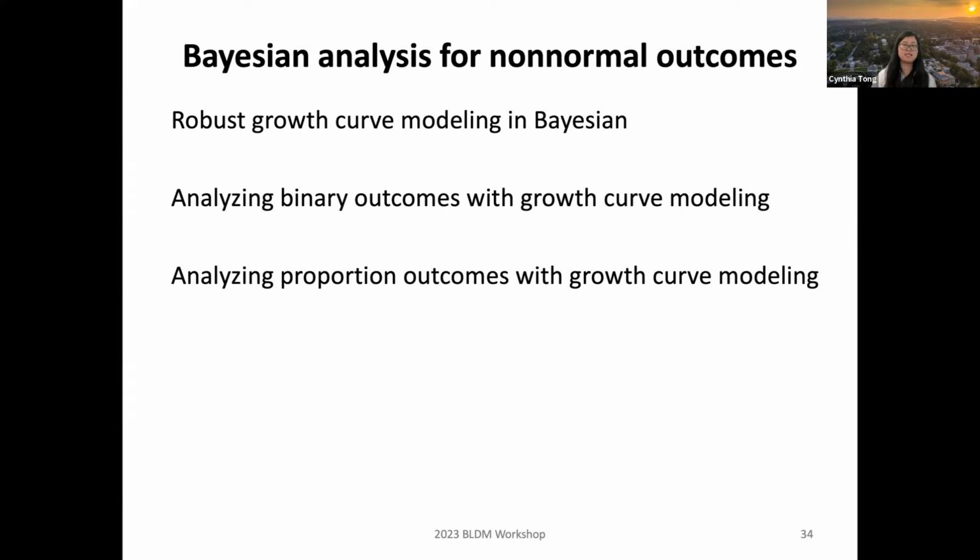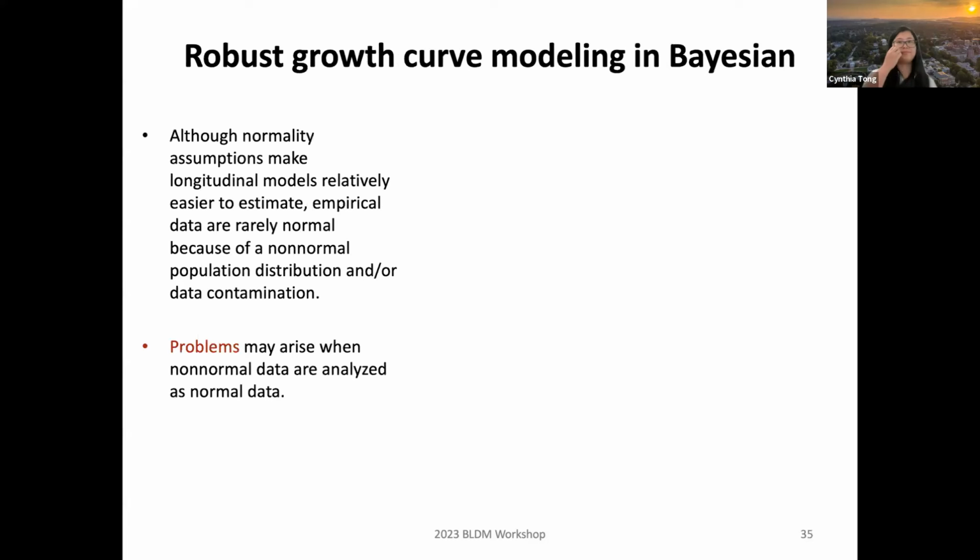Instead, we have to take the binary feature into consideration, the proportion feature, and the count feature. And Bayesian is very flexible to handle those. First, let's look at robust growth curve modeling in Bayesian.